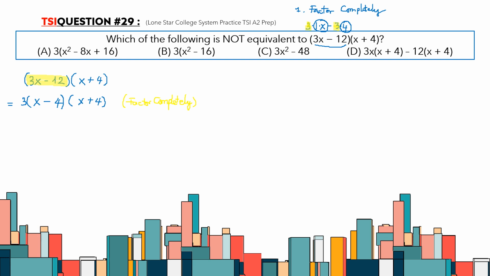We do not distribute it back in, since if we do, it goes back to our original expression. So I will try to combine the x minus 4 and x plus 4.